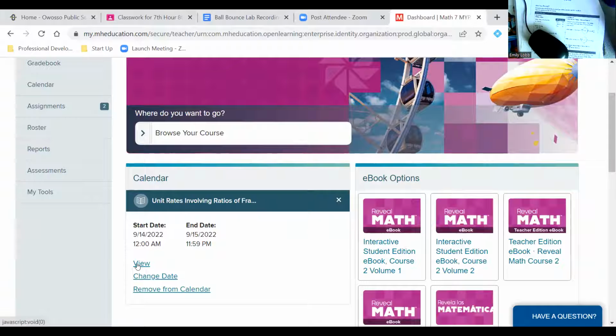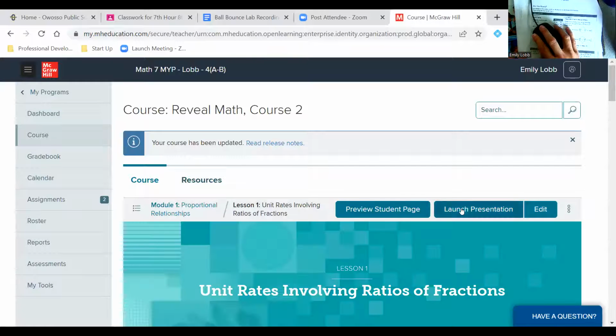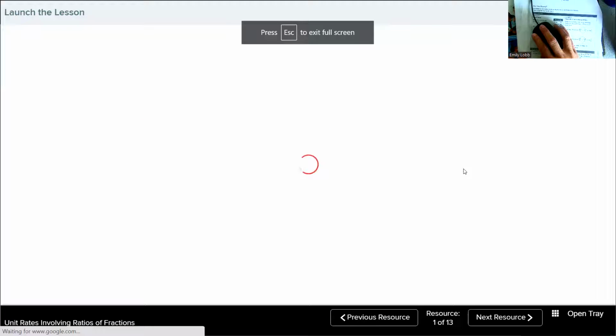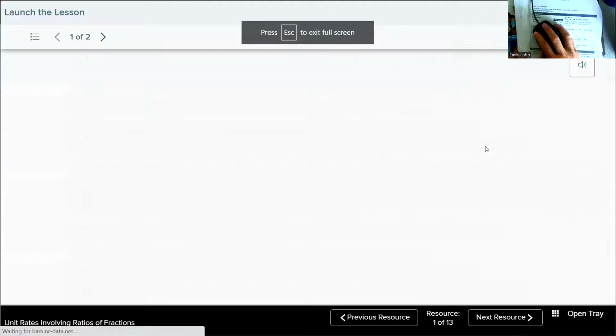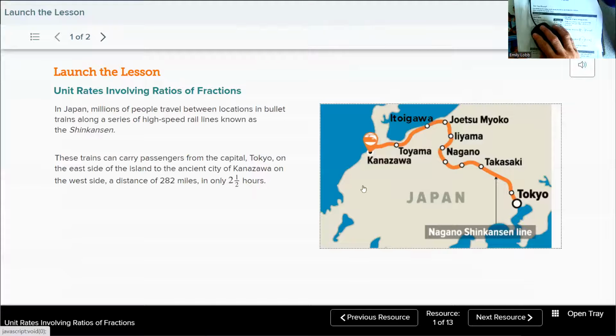Now, the first few things might not start out showing you what to do, but I'll try and talk you through that. So I'm going to go ahead and launch this presentation. All right. So unit rates involving ratios of fractions.